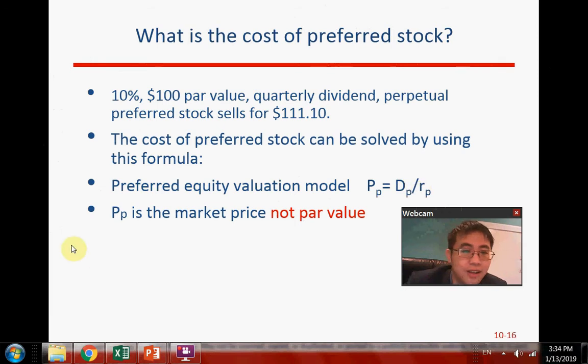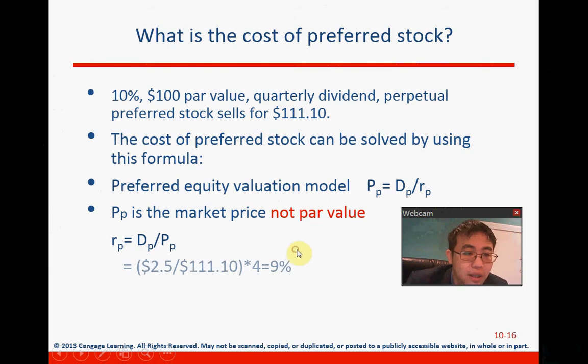Remember, this dividend is paid quarterly. So 10% times $100 is $10. That's the annual dividend payment, and for each quarter you only get a quarter of that. So that's 10 divided by 4, which is 2.5. If you use the quarterly dividend divided by the full market price of the preferred stock, then this whole thing gives you the quarterly return for the preferred stock.